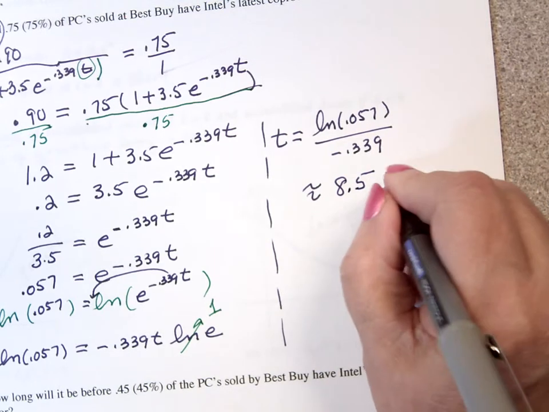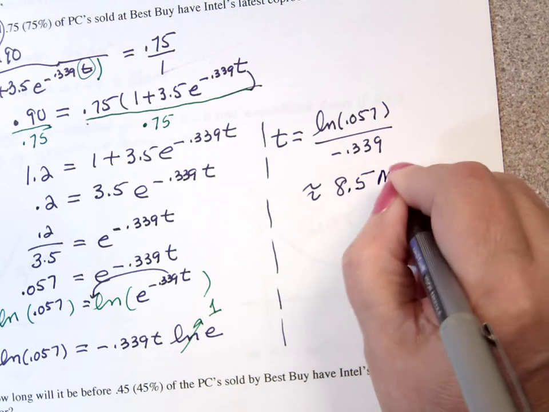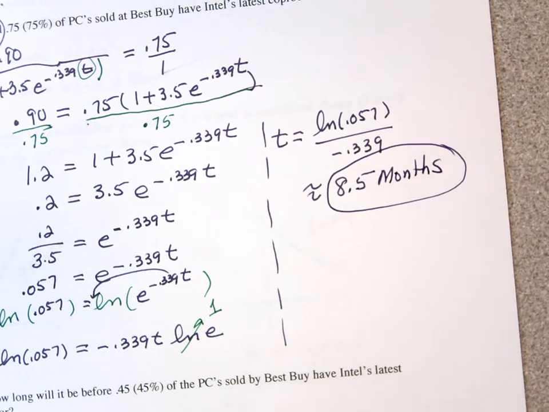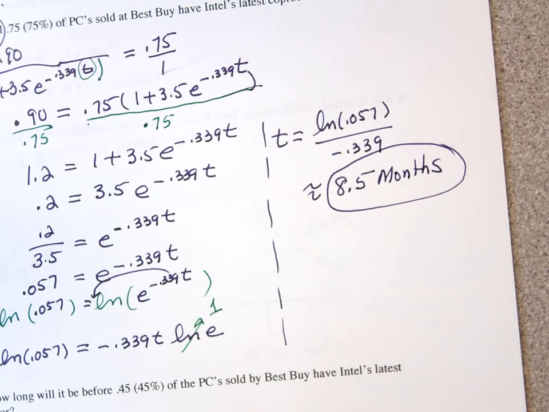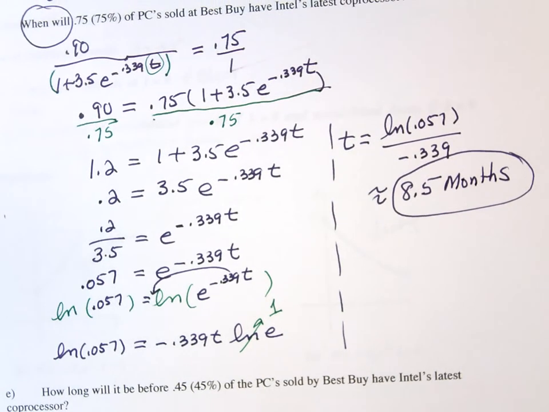What's the units? That is the painless way, as painless as you can make it, of doing that particular problem. And then the process for each one of these when you have to solve for t is the same.